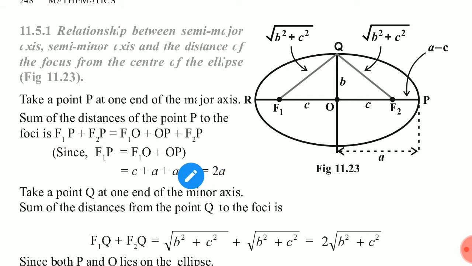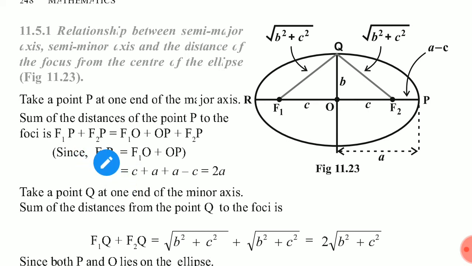Now take one point P at one end of the major axis. The distance of P from the first focus is F1P, and the distance of P from the second focus is F2P. The sum of the two distances F1P plus F2P is always constant.